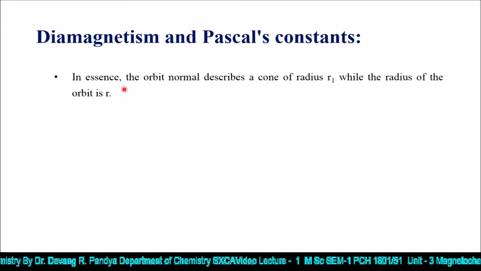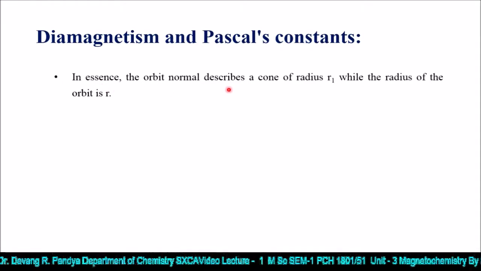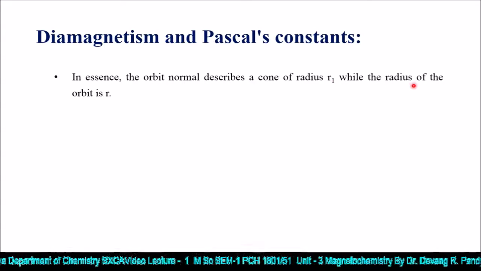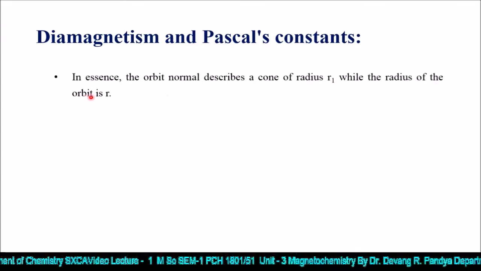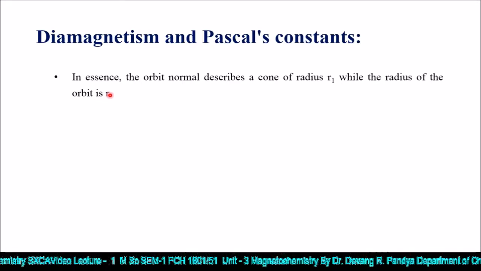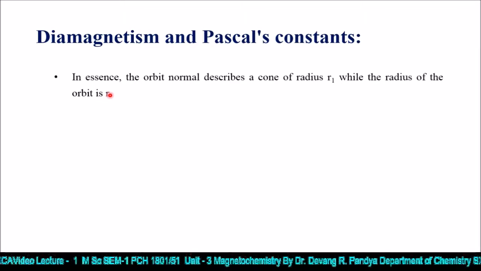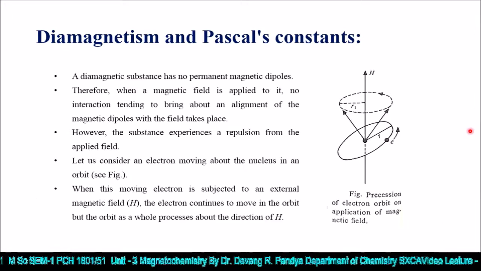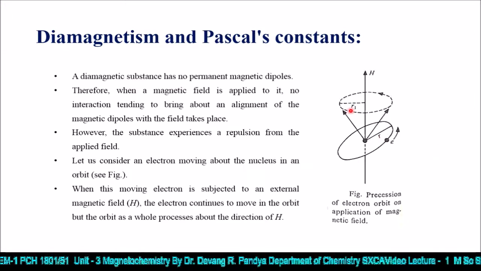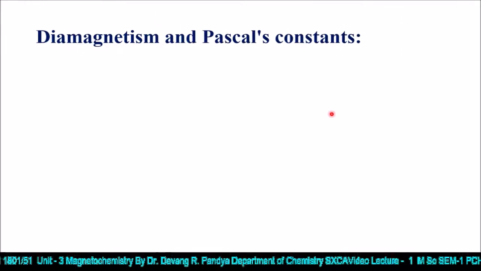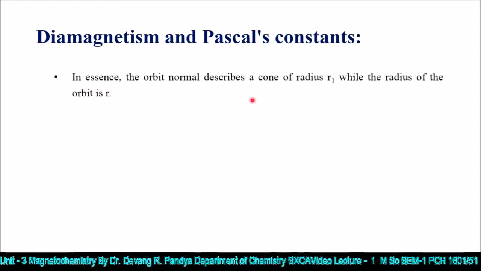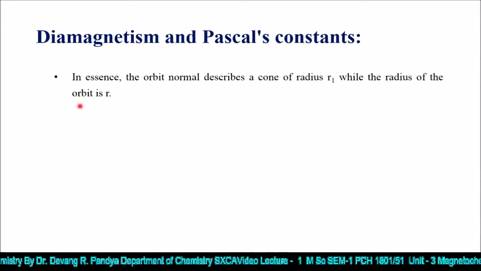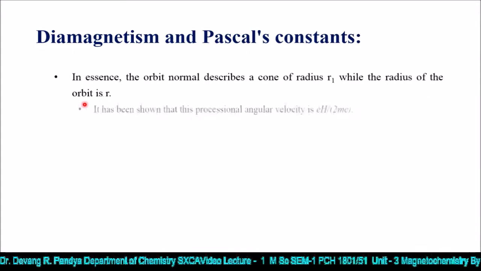In essence, the orbit normal describes a cone of radius R1, while the radius of the orbit is R, which we have already seen in the picture in this slide before. R1 is the radius of the cone, and R is the radius of the orbit.